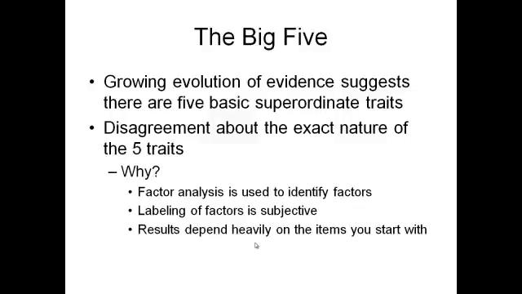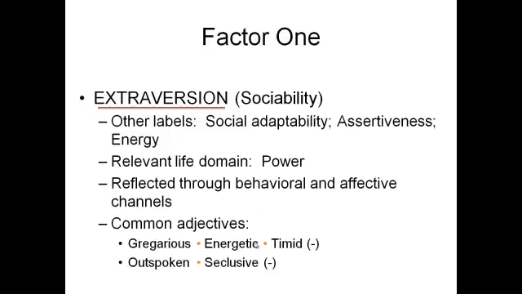So ultimately, one study's results are going to be different from another's. But even with these different studies, they are nevertheless coming up with 5 traits, 5 superordinate traits that we call the big 5.